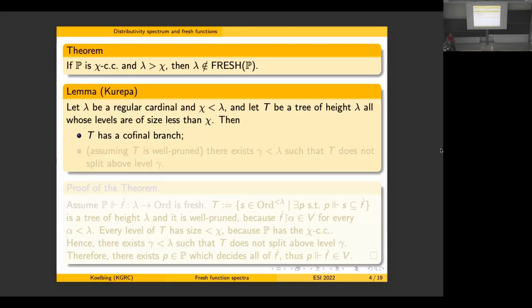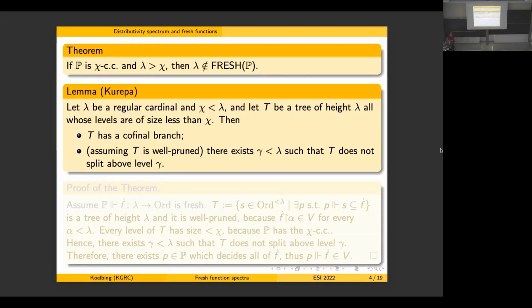If lambda is a regular cardinal and kappa is strictly less than lambda, and T is a tree of height lambda such that all levels are of size less than kappa, so there is one fixed bound for the size of the levels below the height of the tree, then this tree always has a cofinal branch. A bit stronger version is that if we assume the tree is well pruned, then there exists even some gamma below lambda such that the tree does not split at all above this fixed level gamma.